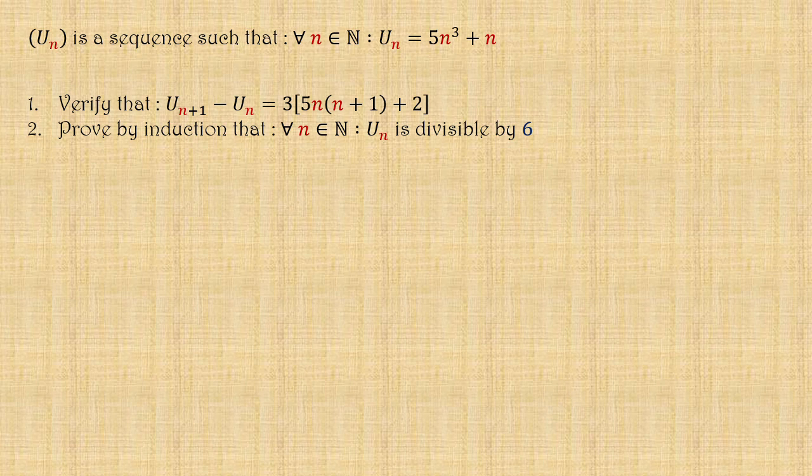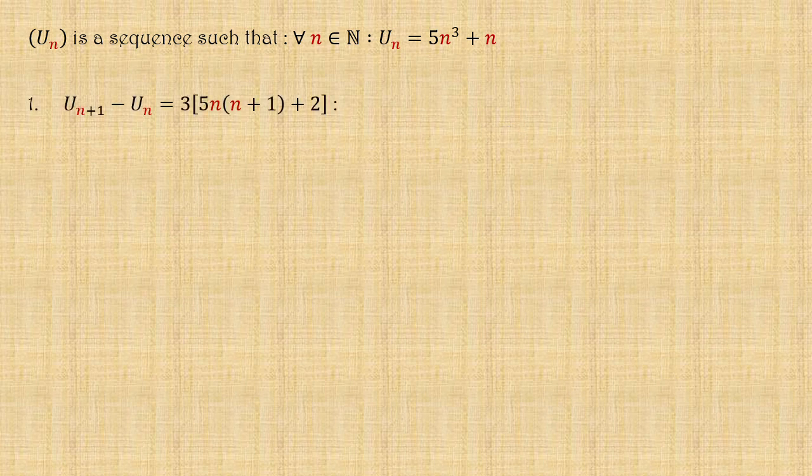So we will begin by verifying that the difference u_(n+1) minus u_n equals 3 times (5 times n(n+1) plus 2). So according to the definition of the sequence, u_(n+1) minus u_n equals 5 times (n+1) all to the power of 3 plus n plus 1, minus 5 times n cubed plus n.